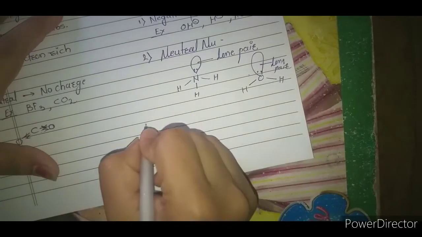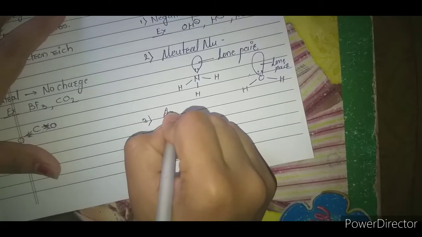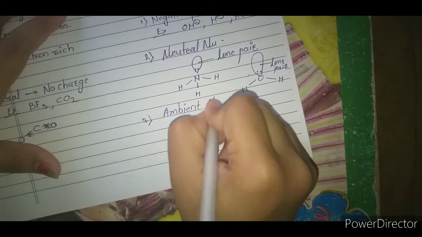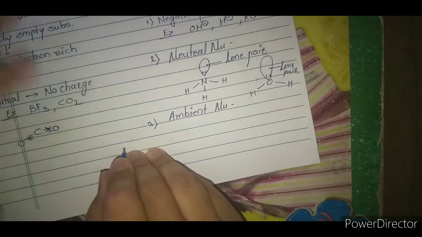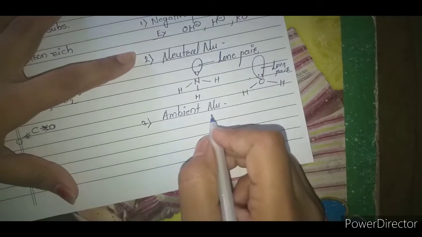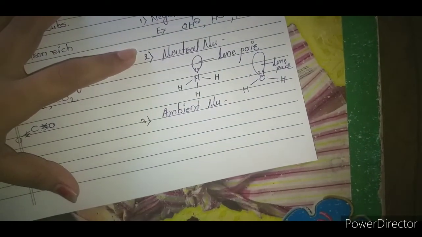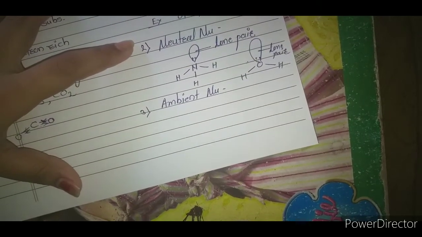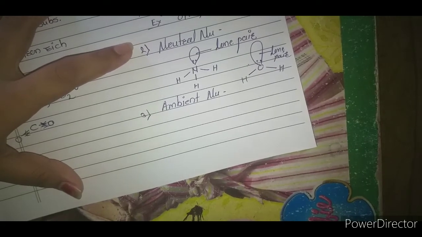Okay, the third type of nucleophile is ambident nucleophile. Okay. So what is an ambident nucleophile? In this, the nucleophile can attack from two or more different places in the molecule.